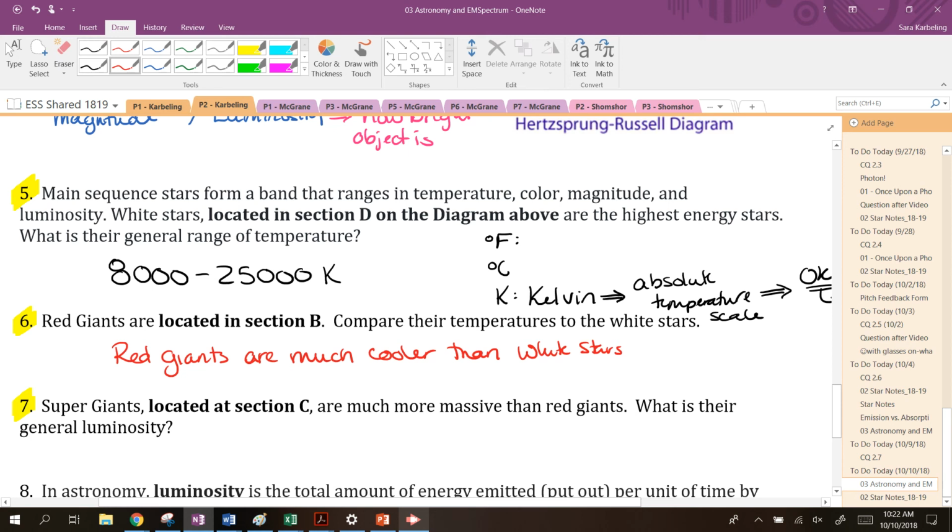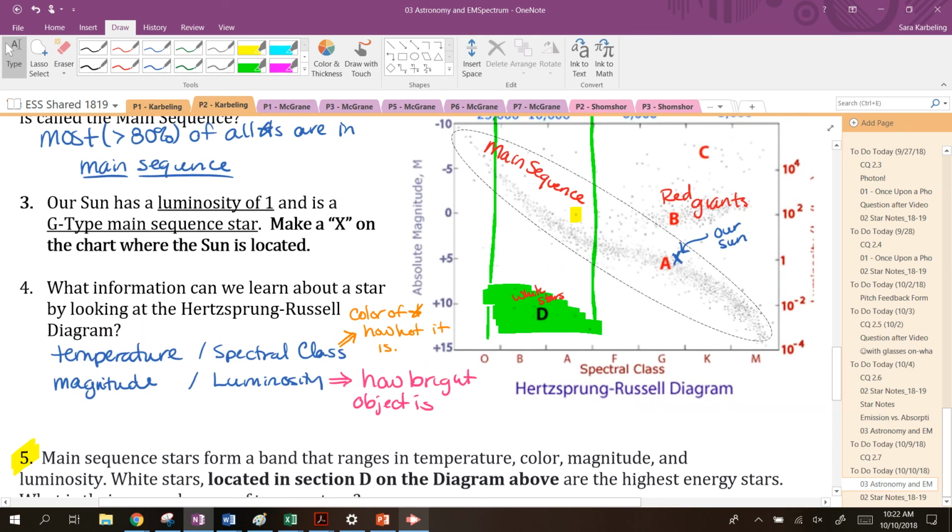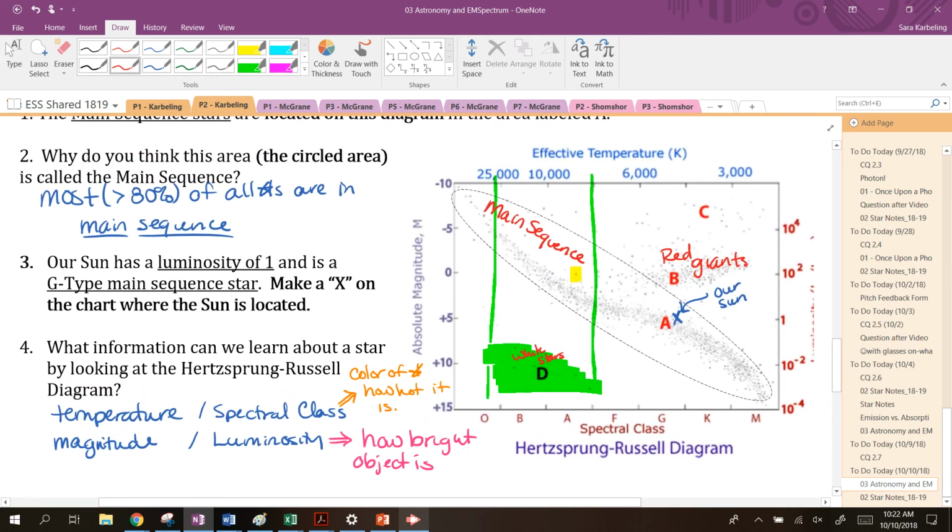Mariana, about how hot are the red giants? So we're looking right here. About like 3,000. Yeah, we can say 3,000, 4,000, something like that.